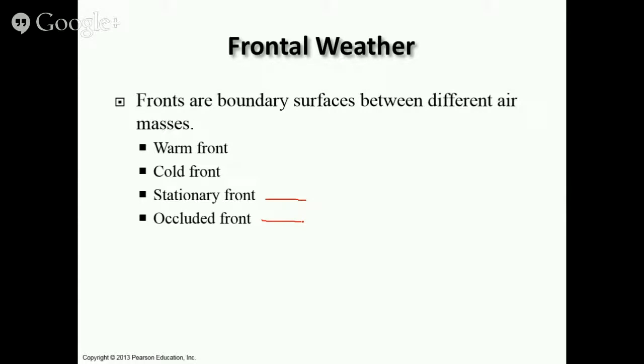So think of two single file lines of people walking past one another in a hallway. As they move past one another, they're moving in opposite directions, but they're moving past one another, almost shoulder to shoulder. That's somewhat like the activity of a stationary front. Occluded front is, as it sounds, a point of occlusion where the fronts have caught up to one another.